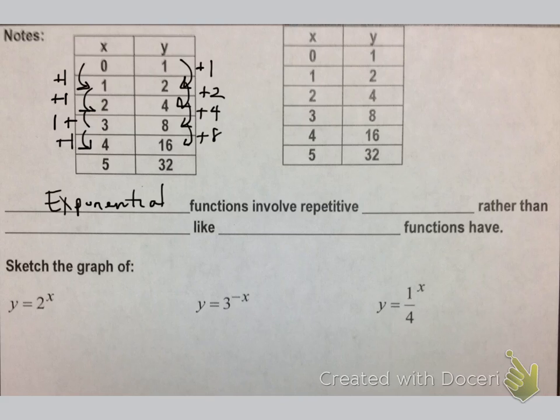We were doing addition earlier, but now you're doing multiplication, which is unlike linear functions. So exponential functions are repetitive multiplication. For those of you looking at it in terms of adding 2, adding 4, and so on, that would be linear. When you multiply by 2 each time, that is exponential.